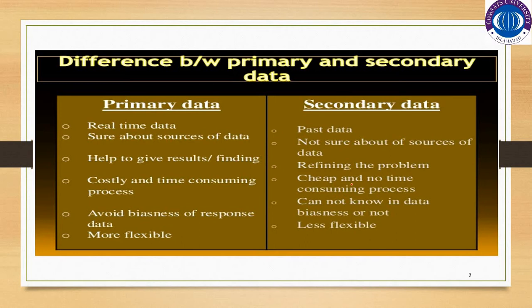So this is cheap and it takes less time than primary data. You cannot know if the data is biased or not, as the data is not collected by yourself, so you can't claim that this is unbiased data, and this one is less flexible.